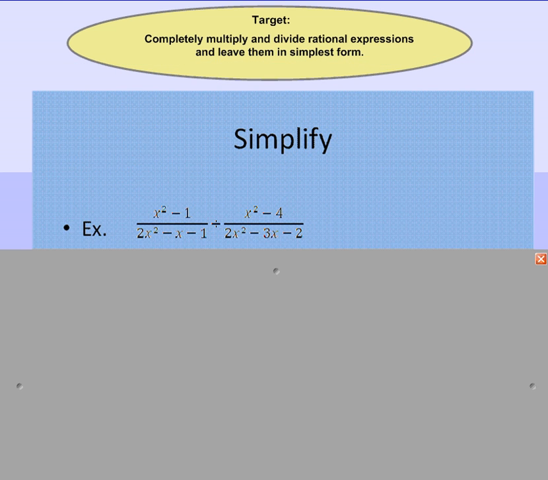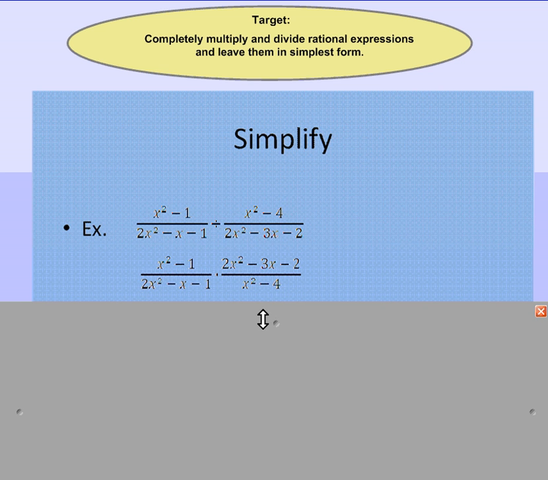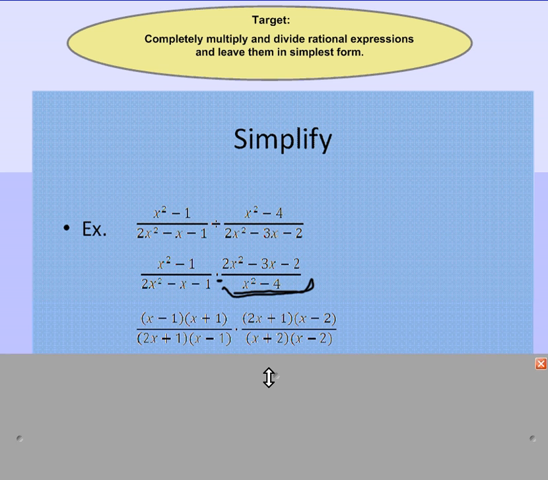Okay. This is an expression involving trinomials, involving factoring, and division at the same time. So in this example, first thing I'm going to do is keep the first fraction, change it to multiplication by the reciprocal. You notice that's a reciprocal. And now before I multiply, I'm going to factor all those numerators and denominators.